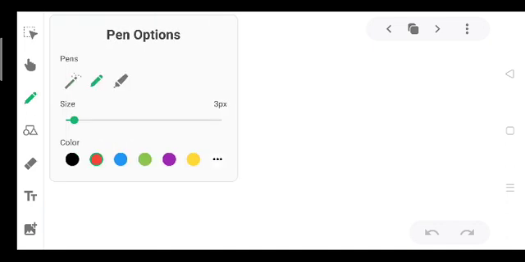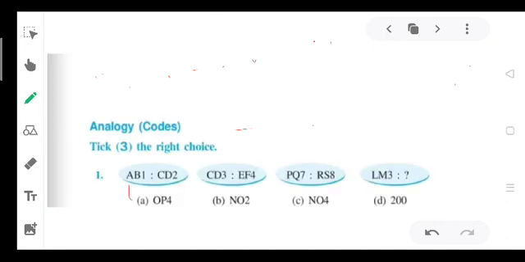I will write this for you once again. AB1 is to CD2. So check the analogy.